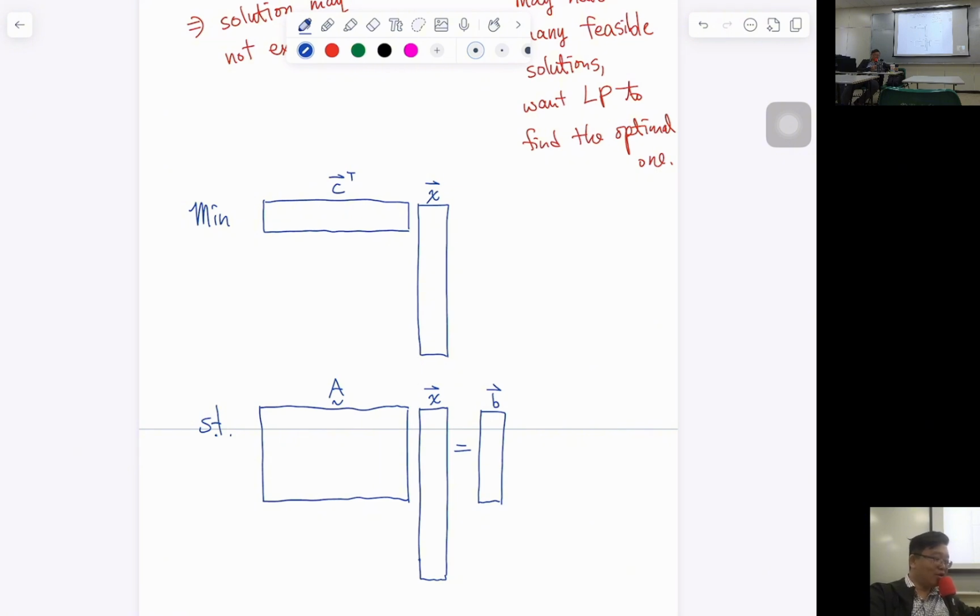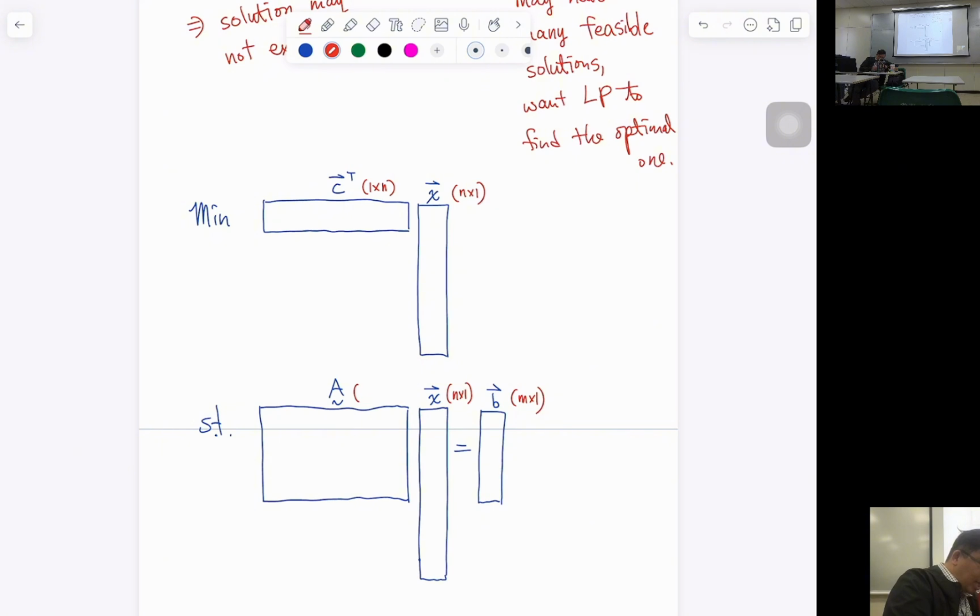Now, when we try to solve this problem, we are going to handle the A matrix, and we are going to separate the A matrix into 2 parts. Before we do that, I need to remind you of their sizes. This is 1 by n. This is n by 1. This is m by 1.